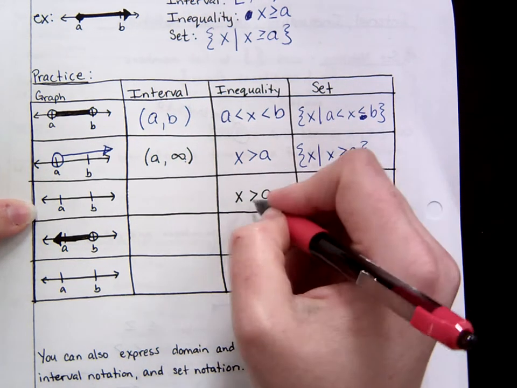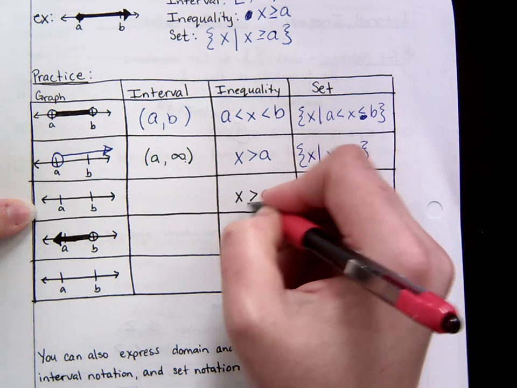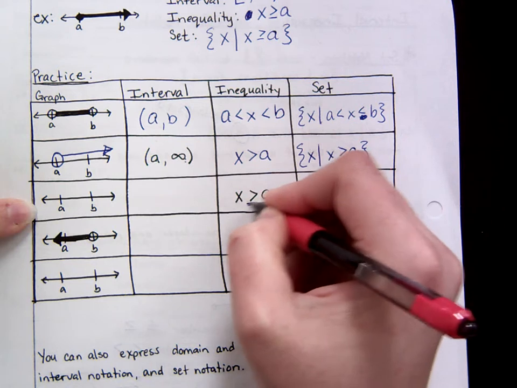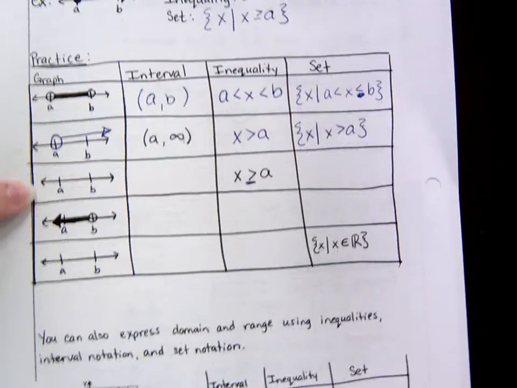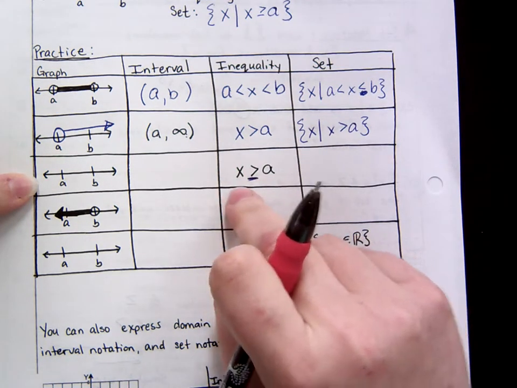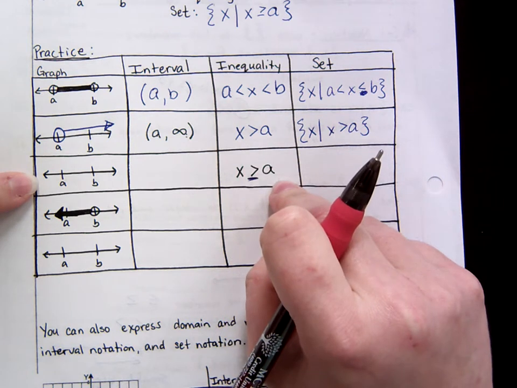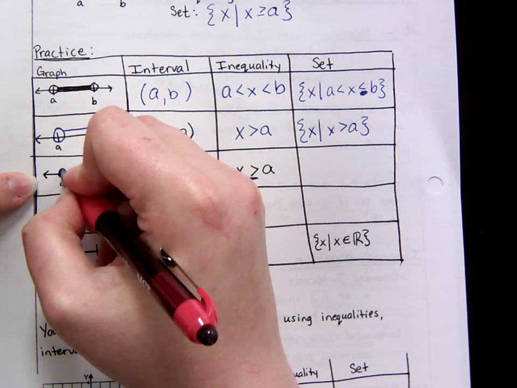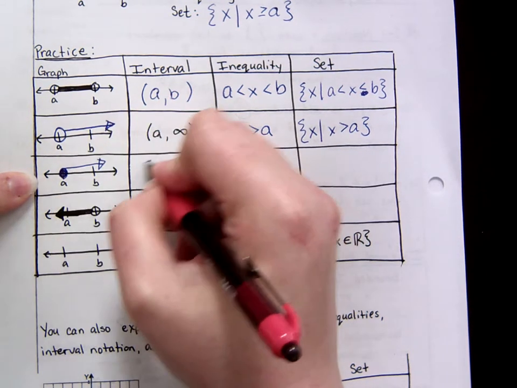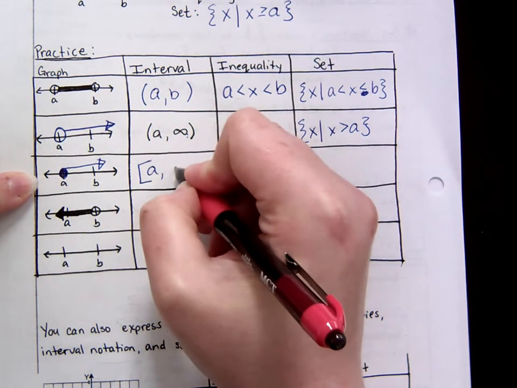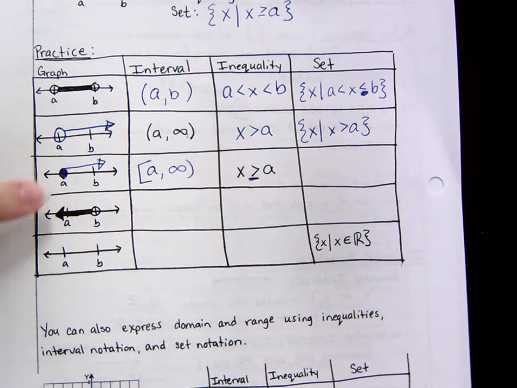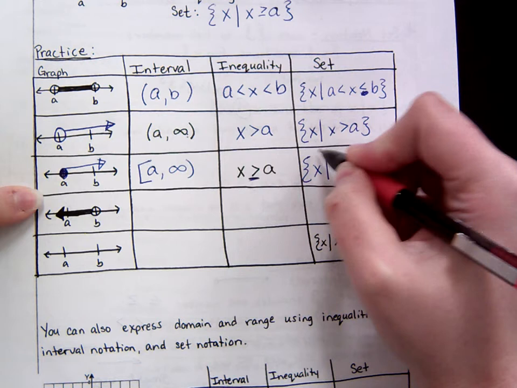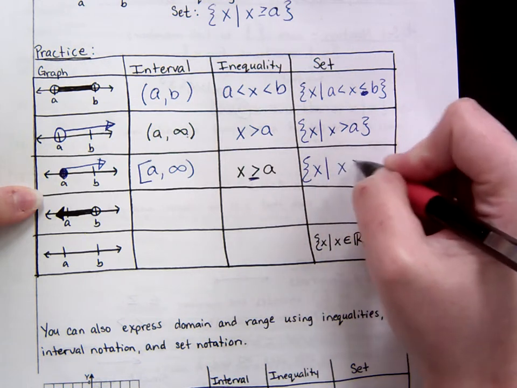I'm going to change this to greater than or equal to, because I just realized that that's the same thing as that one. So we're going to change that. Okay. So if I have x greater than or equal to A, the only difference really is that we have a closed dot on A and a straight bracket on my interval notation. And then set notation, you have this part, and then you do your inequality.